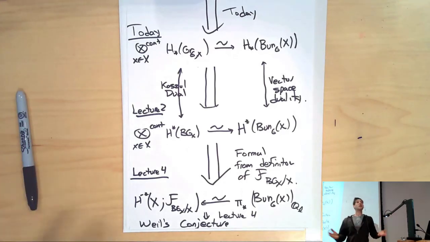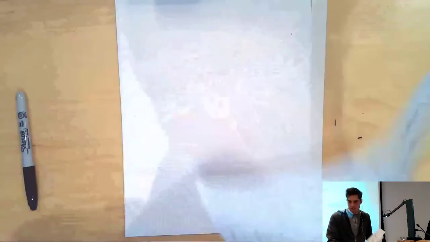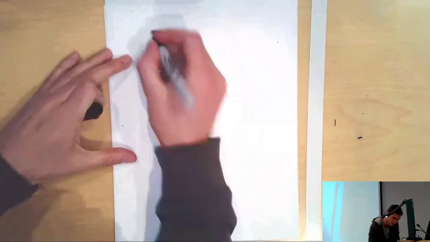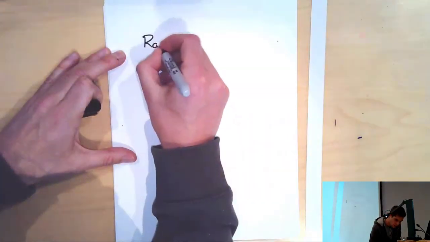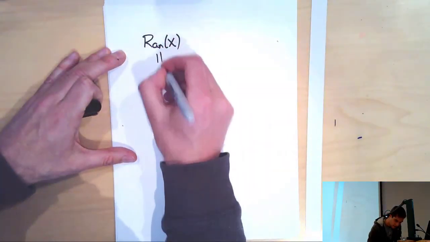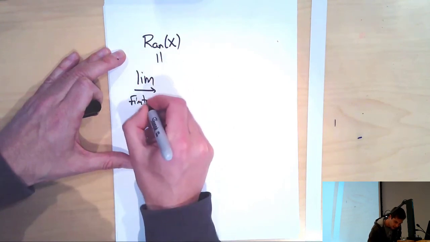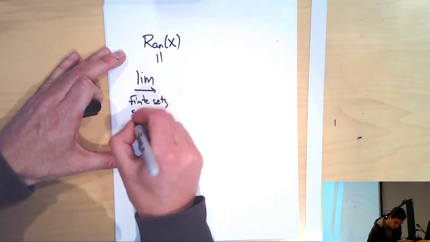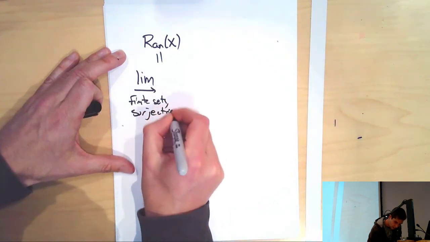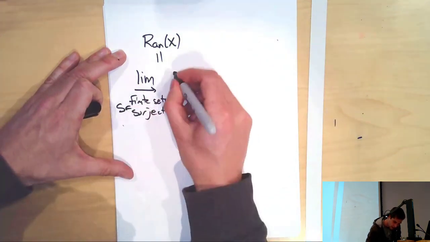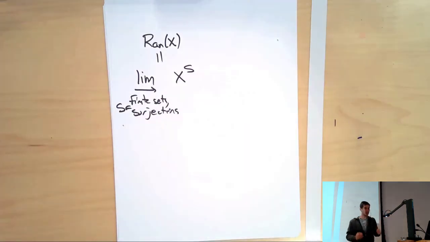And maybe I should have given a better answer to the previous question. The Ran space is not an algebraic variety, but you can think of the Ran space of X as a direct limit over the category of finite sets and surjections, where S lives in this category, of X^S.